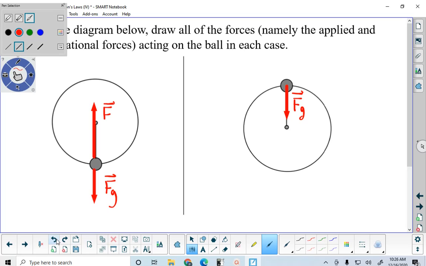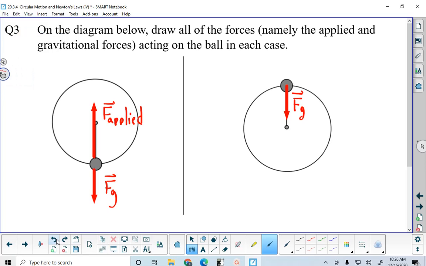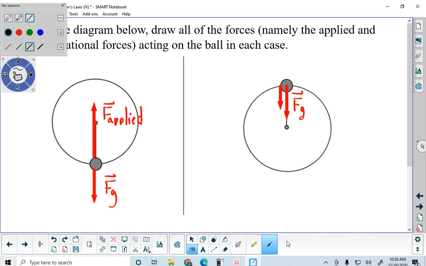F applied. And over on the other diagram, there is an applied force, but this time the applied force is downward. When you're swinging this around, you are always pulling the object towards the center. So what we have is the applied force downward here.